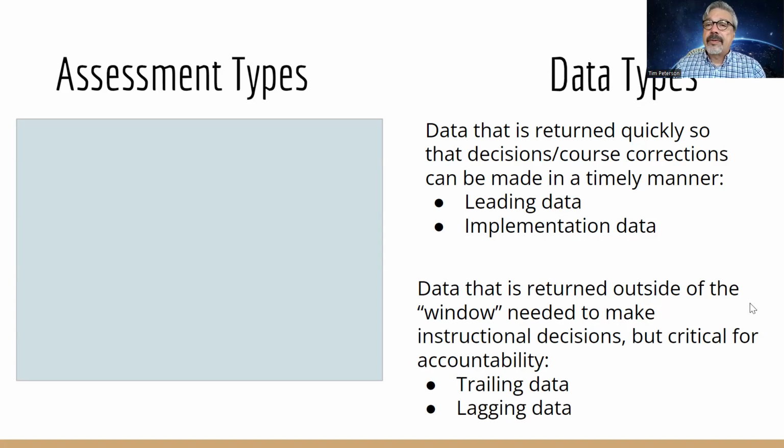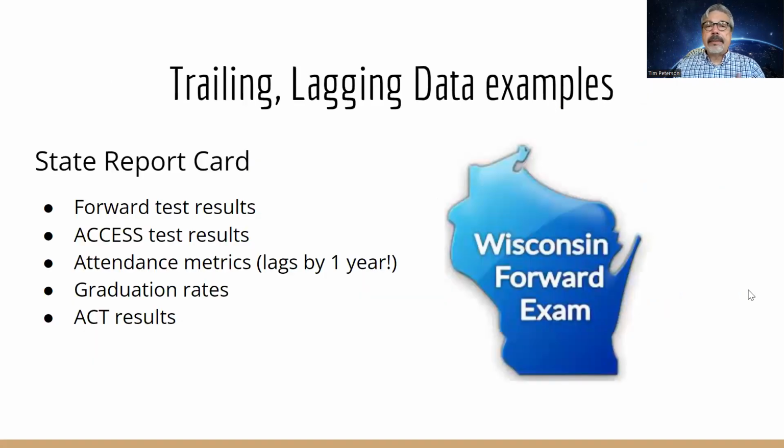If we look at examples of this, from the state report card, we find Forward results are trailing or lagging data. Access test scores, we don't get those back immediately, although they are pretty quick. Attendance metrics in the state report card lag by a year.